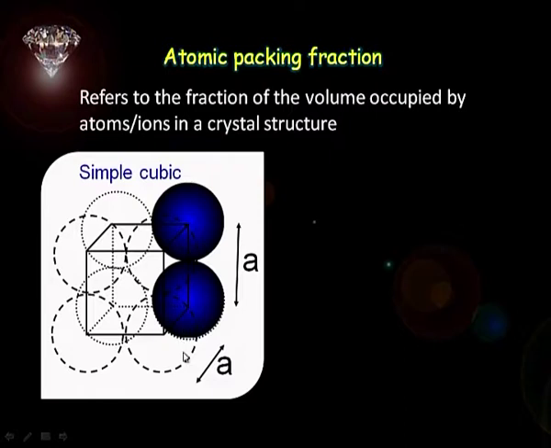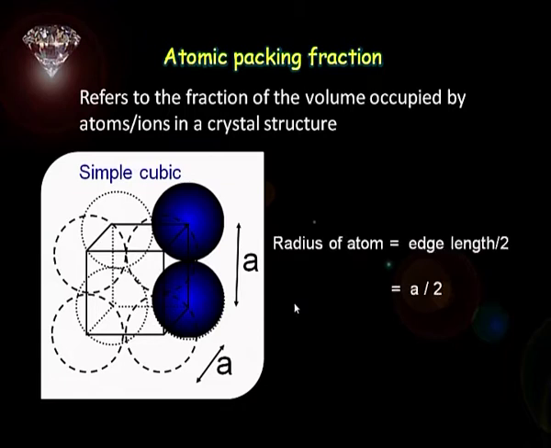The distance between the centers of these two spheres is your edge length, which is A, and this edge length is equal to 2 times the radius of the atoms. So the radius of the atom is the edge length by 2. In other words, R is equal to A by 2. This is important for us.